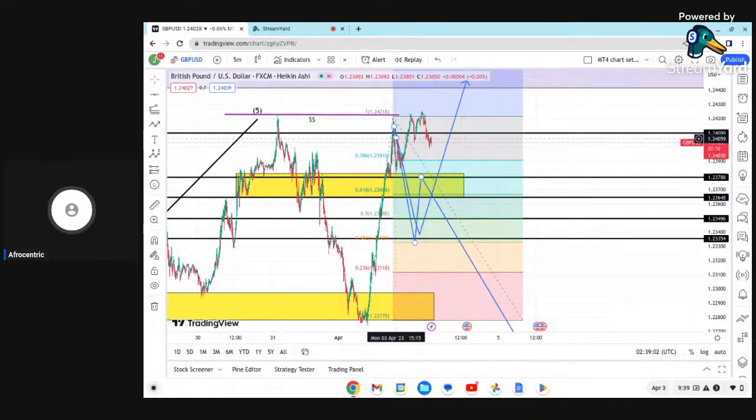I think it's interesting how it dropped and tried to come into here, said nope, went back up, and took out people's stops.